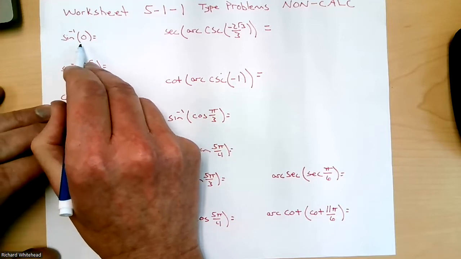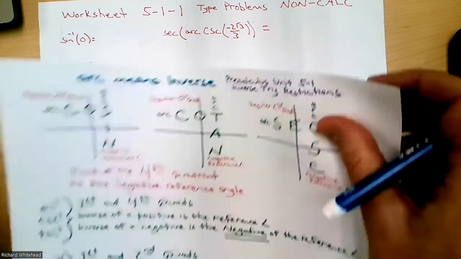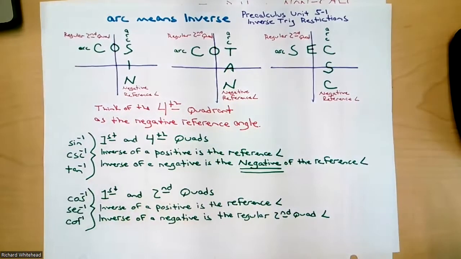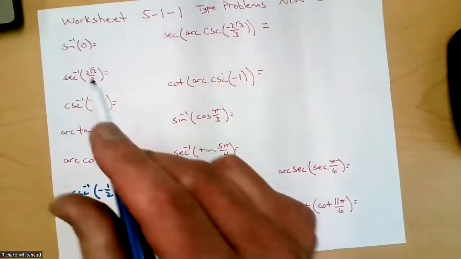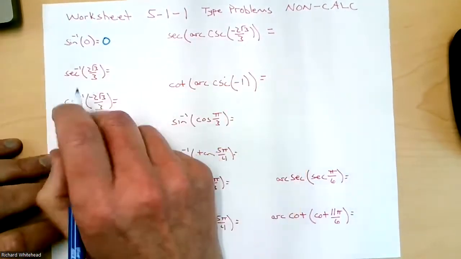And you say, okay, based on the restrictions that we talked about, which I should have had more prepared, that's easy. We're basing it all on our restrictions. So inverse sine of 0, when is sine equal to 0? Well, sine is equal to 0 at 0.